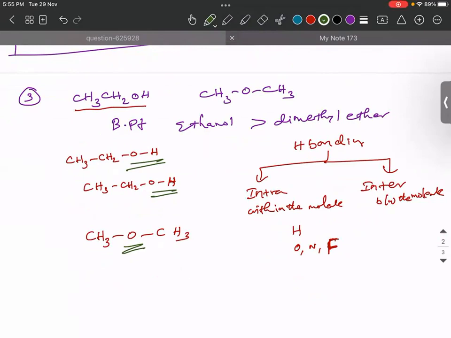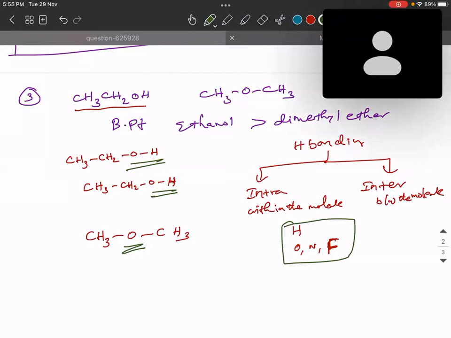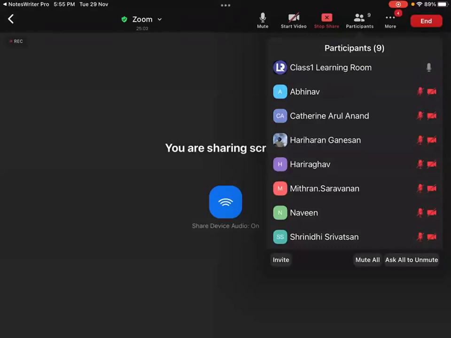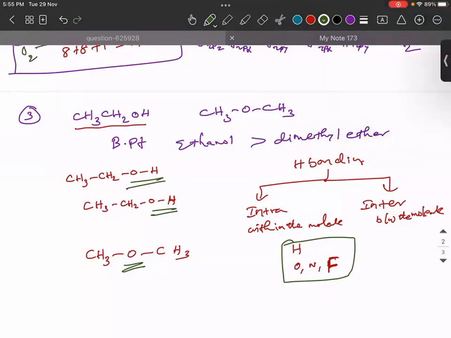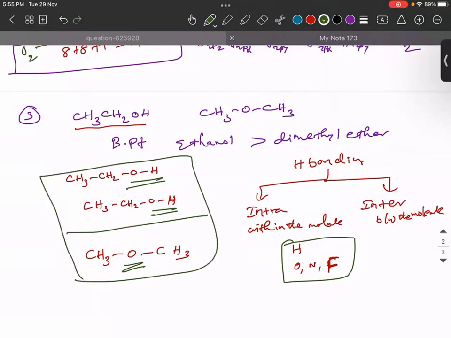Types of hydrogen bond identification is a model question. I have told you the condition: the hydrogen atom will form a bond with oxygen, nitrogen and fluorine. Along with it, it will form the hydrogen bond. So now tell me, among the two, which will form the hydrogen bond, or will both form it?